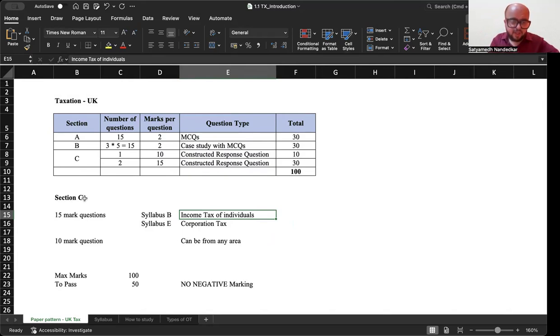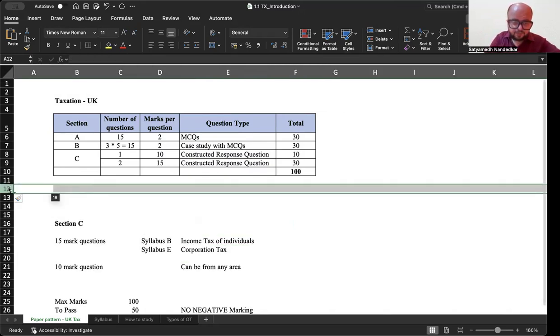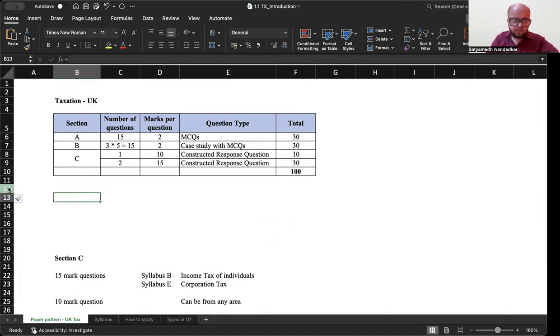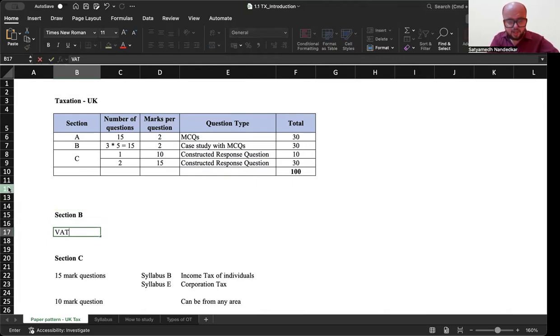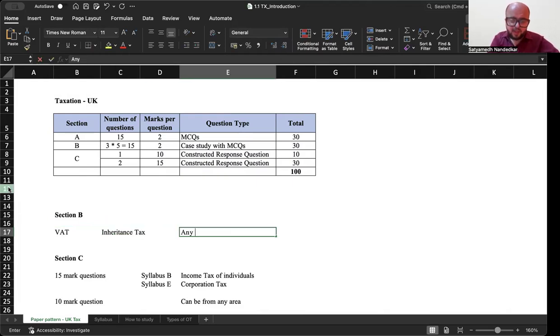On the other hand, when it comes to section B, you will have VAT and inheritance tax for sure, and then it could be from any other syllabus area.